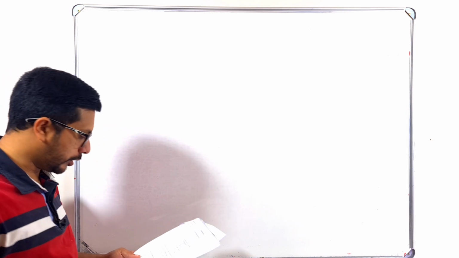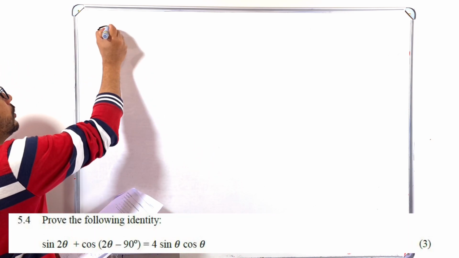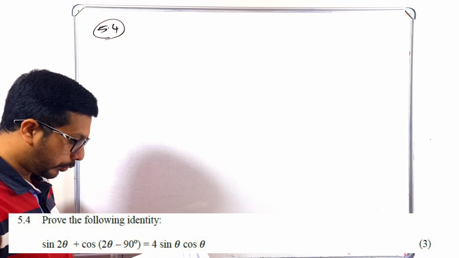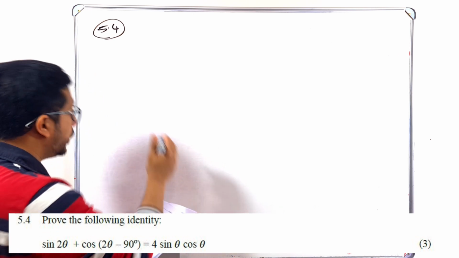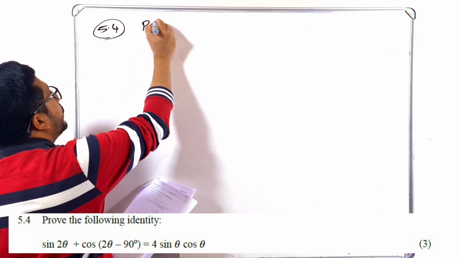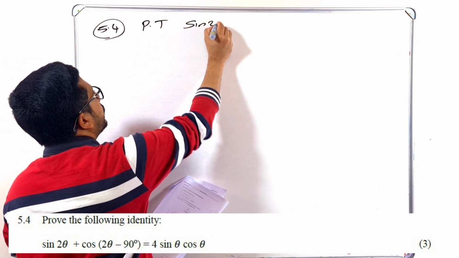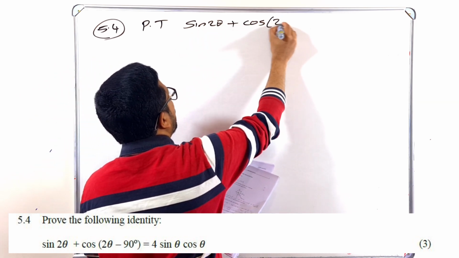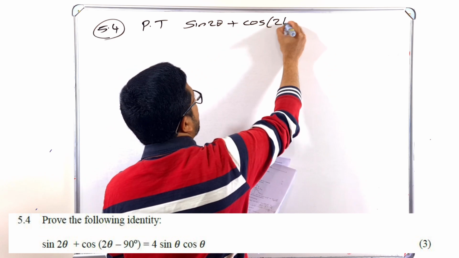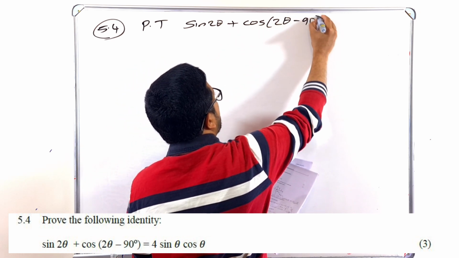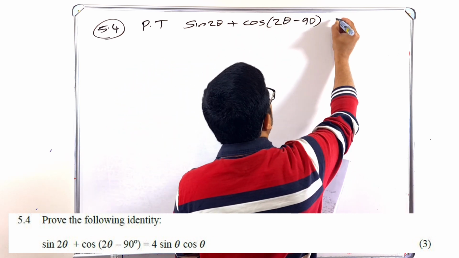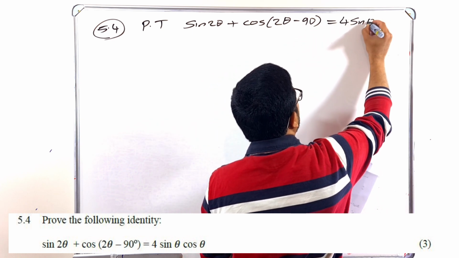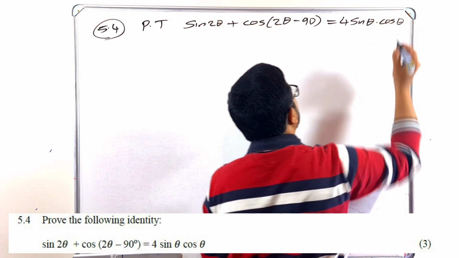Okay, next question, question number 5.4. What is that question? Prove the following identity: sin 2 theta plus cos of (2 theta minus 90) is equal to 4 sin theta cos theta.